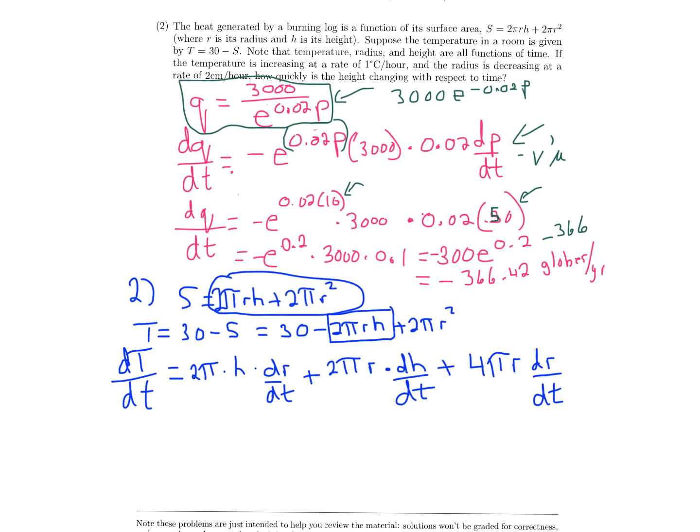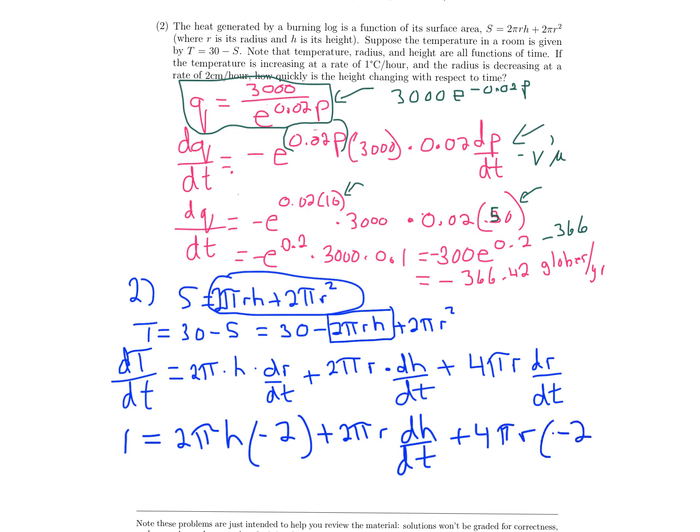Okay, so dT/dt is increasing at 1 degree per hour, and h, okay, they're not giving us h. 2 pi times h, and then times dr/dt, which is decreasing 2 centimeters per hour, plus 2 pi times r times dh/dt, plus 4 pi r times minus 2 again.